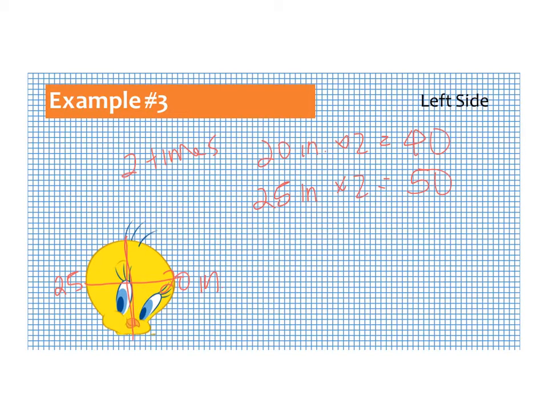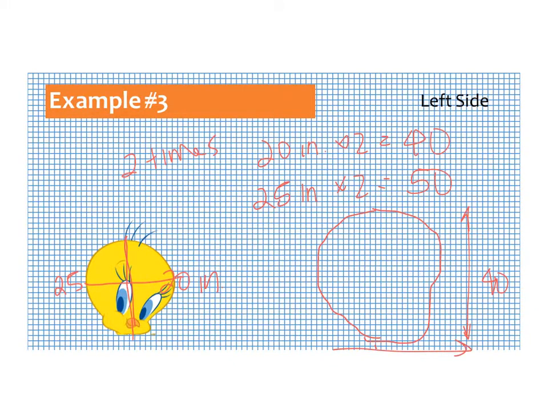So then if I wanted to draw it, I start from the bottom, I would need to go up 40. So let's say I go up 40, and then my width is 50. This is 40.